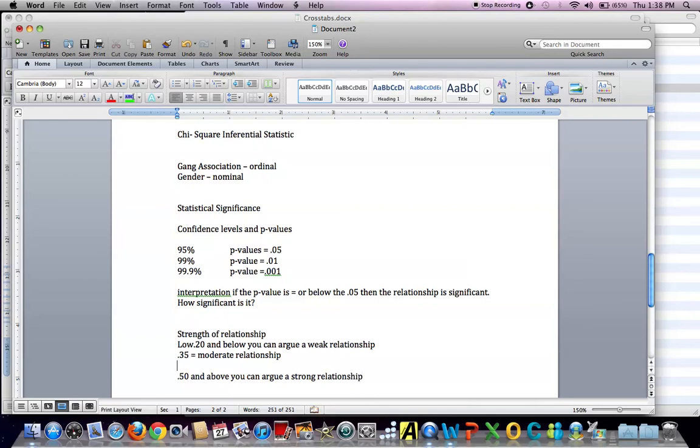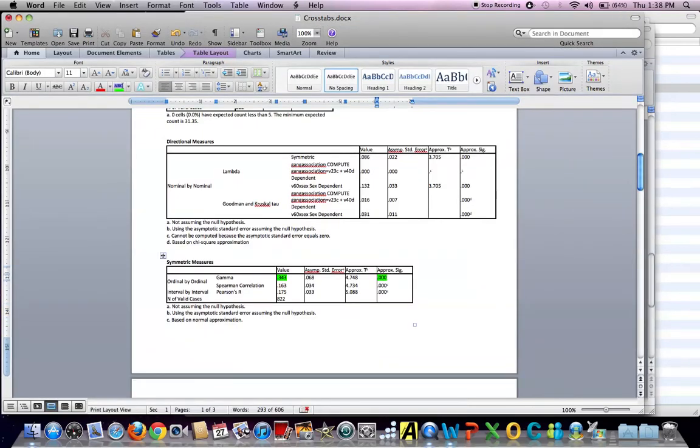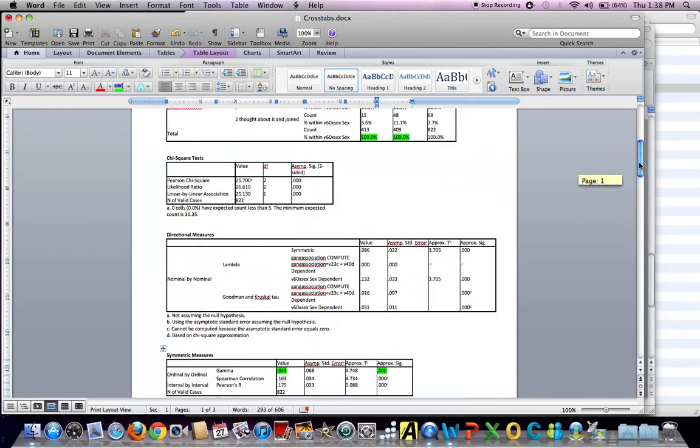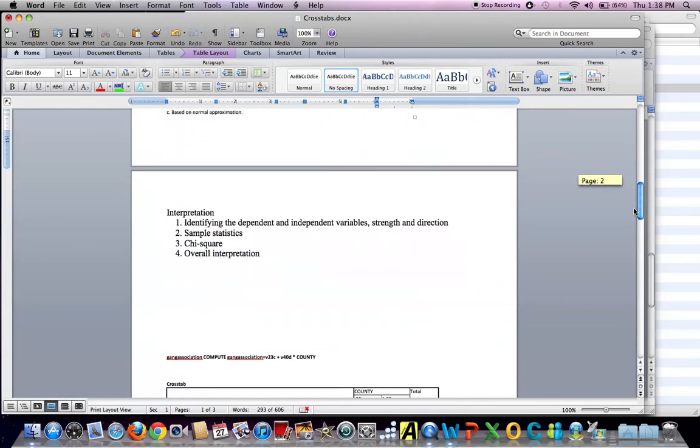Okay. All right. Given that, in our example, we have a gamma value equal to 0.343, then we would call that a moderate relationship. So let me give you your words. All right.